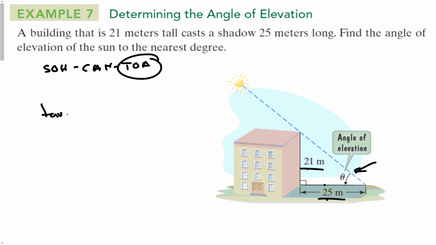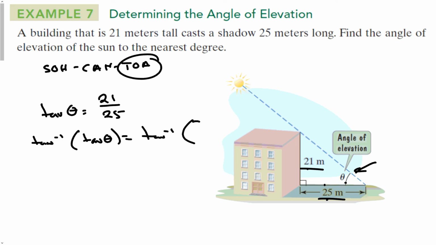So the tangent of theta is equal to 21 over 25. Now what I'm doing here is taking the inverse tangent of both sides. You don't have to go through this each time, but I wanted to show you how it works. This says take the tangent and then do the inverse tangent, and these two just undo each other and you go back to where you started.